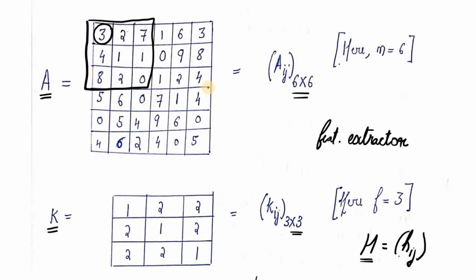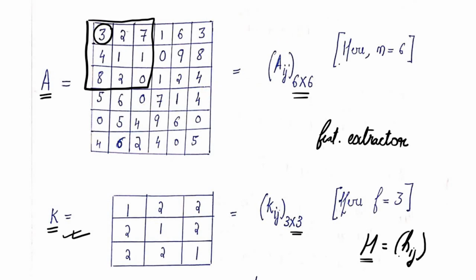Now we calculate the dot product between the elements of the first 3 cross 3 submatrix and K. This is exactly what the definition meant: the kernel is laid across the input image and the dot product between the kernel and the small local region of the input image is computed. The small local region is what I am highlighting over here, and the kernel which we have is shown over here.